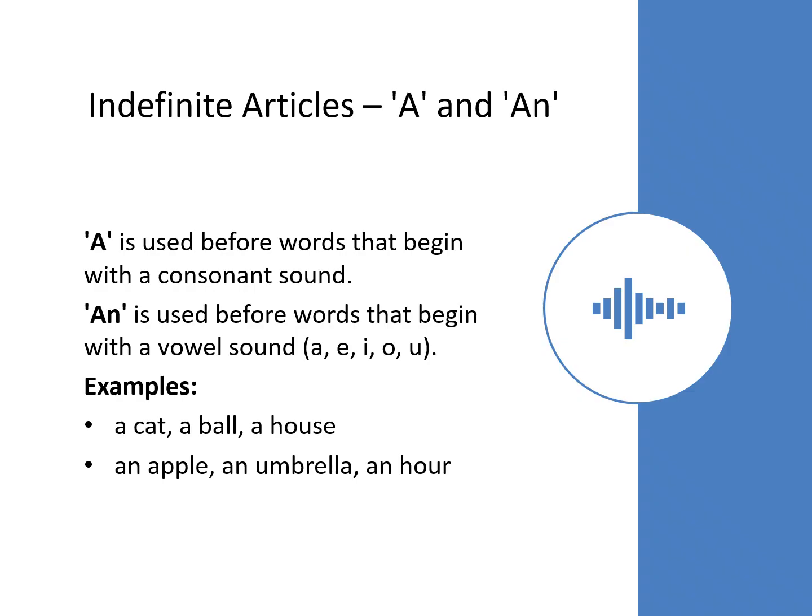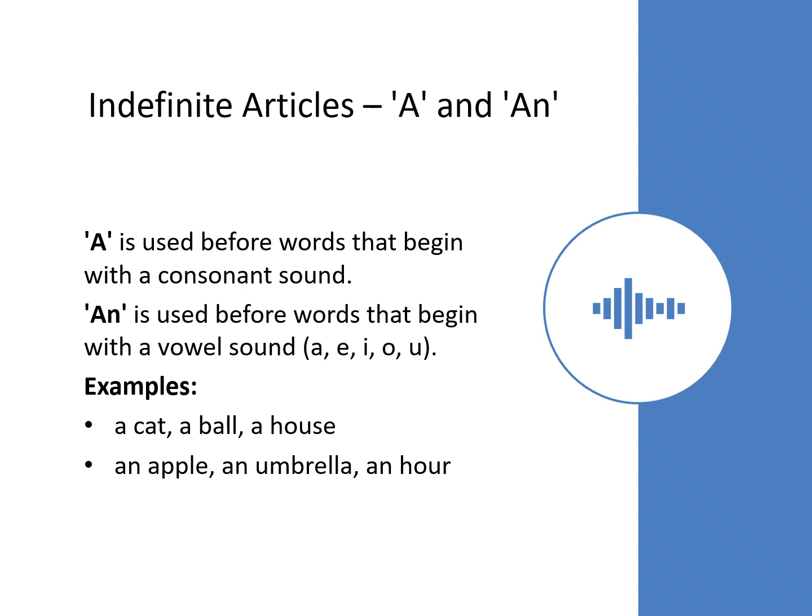Now let's understand how to use a and an. We use a before words that begin with a consonant sound. Examples: a cat, a ball, a house. We use an before words that begin with a vowel sound.